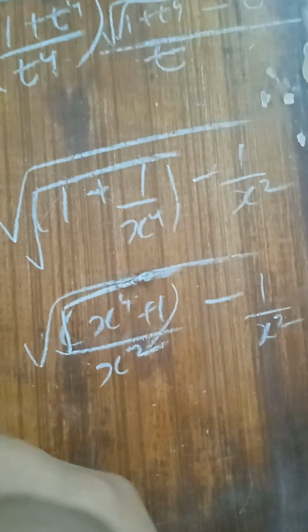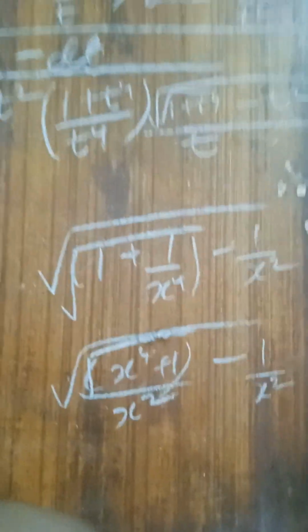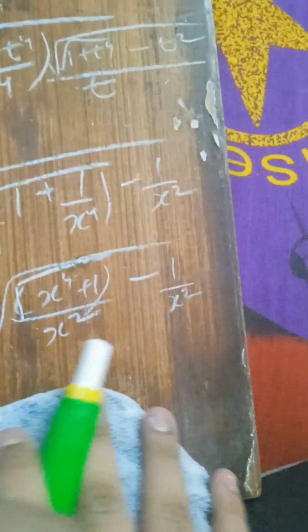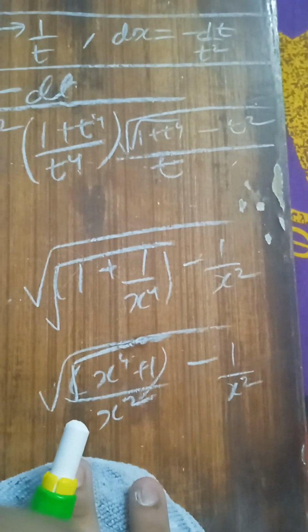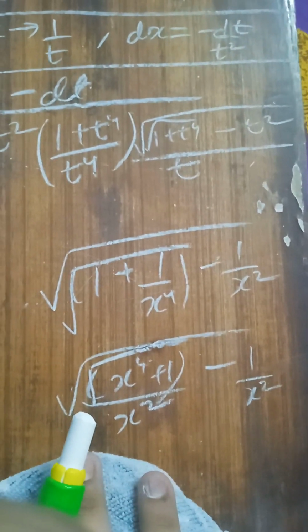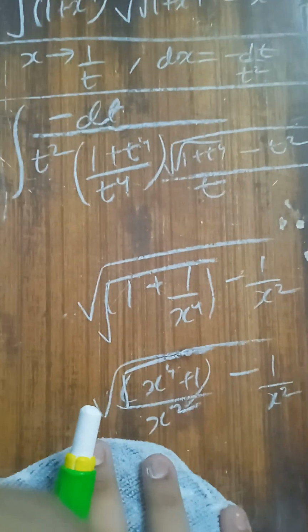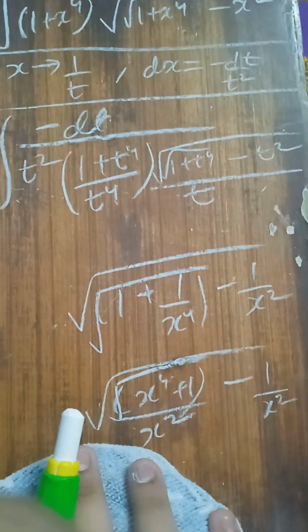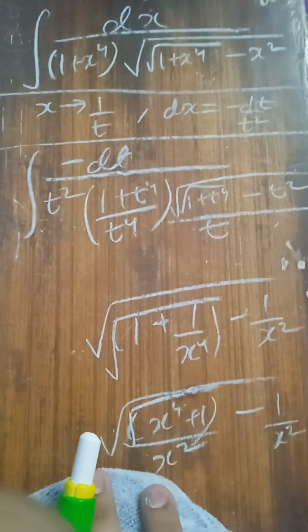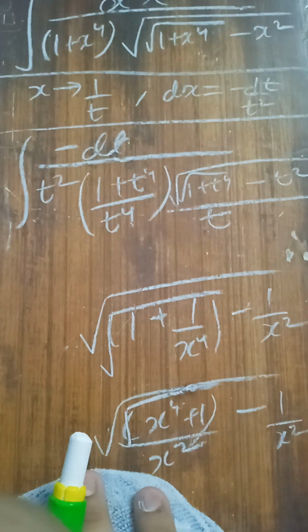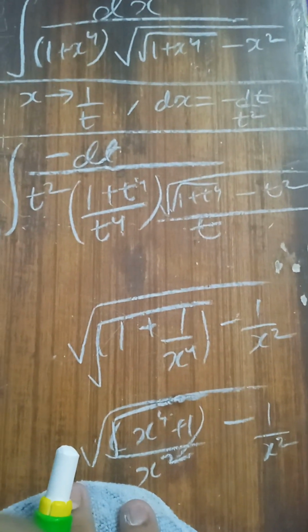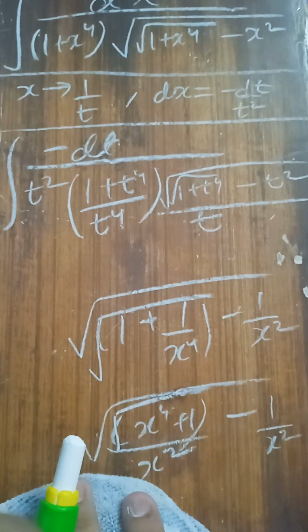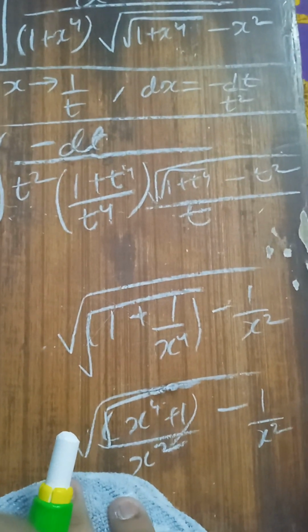Pull x out. I'm pretty surprised, because the first time I solved the question it wasn't the case. Maybe that time I did something wrong, but anyway, let me try the same way and I think I will get the answer. If I don't get it, of course I will not upload the video, and if you're watching this video, that means I've got the answer.